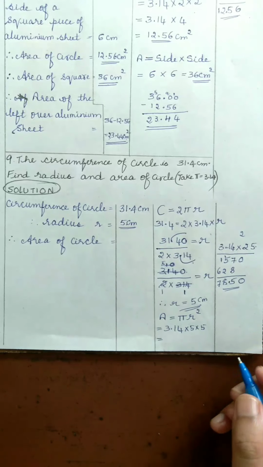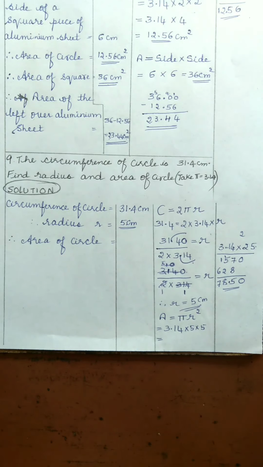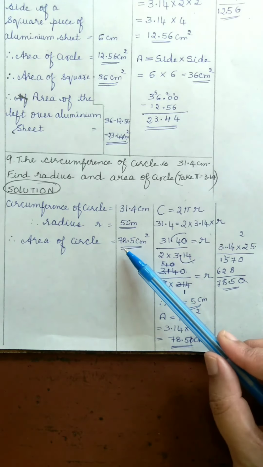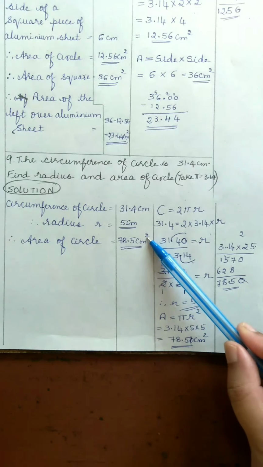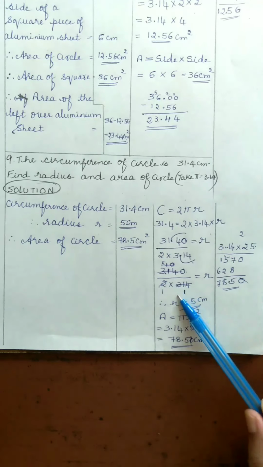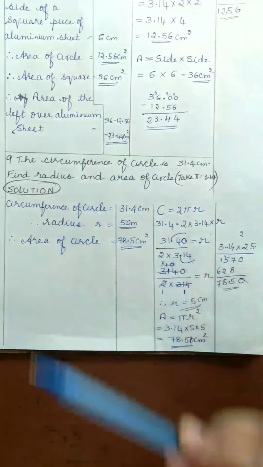Therefore, children, we have the answer equal to 78.50 as the area. So the 0 gets neglected. Therefore, the answer will be equal to 78.5 centimeter square and the radius is equal to 5 centimeter. This is the method of simplification of this 9th problem.